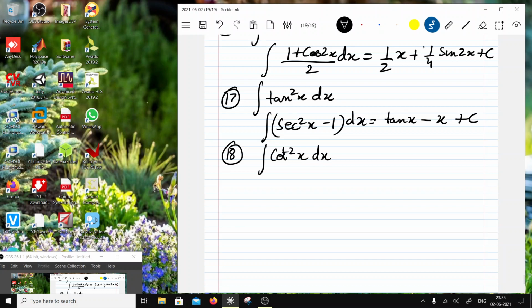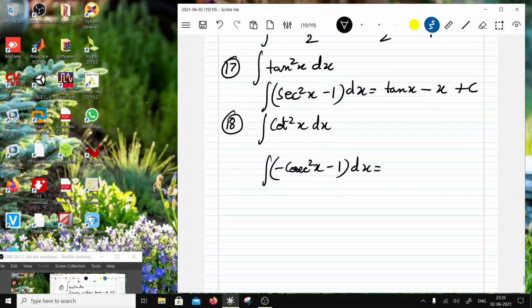So this can be written as minus cosec square x minus 1 dx. This will be cot x minus x plus c.